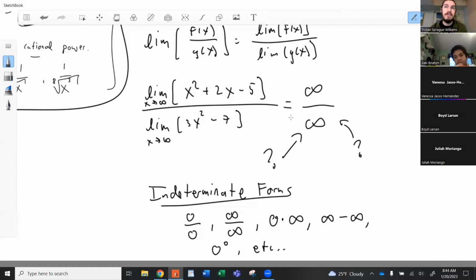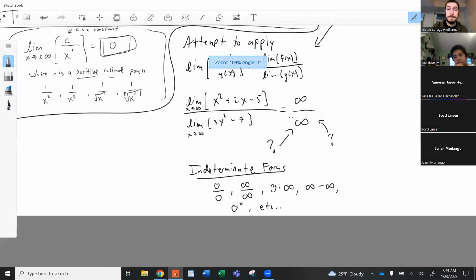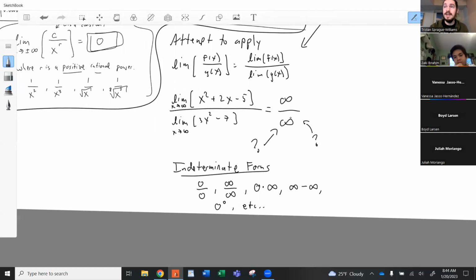What it means is that this is just not really a valid approach. This isn't really going to give you any conclusive information about this limit. So I would say this is an invalid strategy here, right?